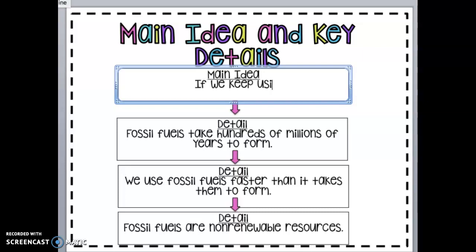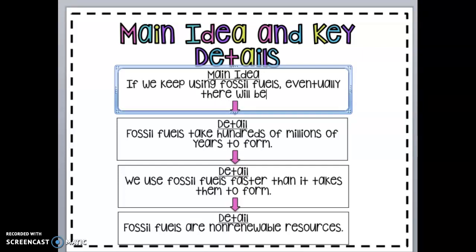If we keep using fossil fuels, eventually what's going to happen? You're right, eventually there will be none left.